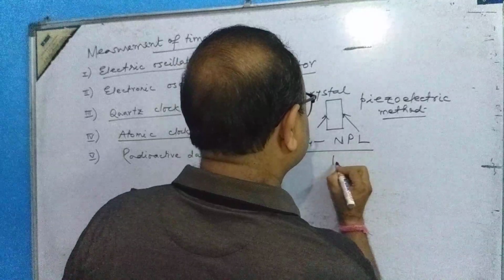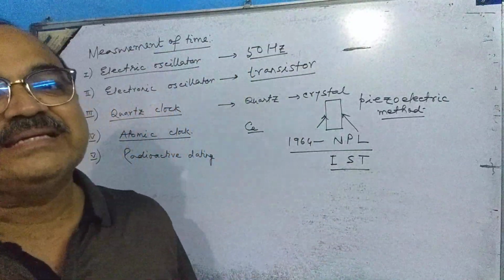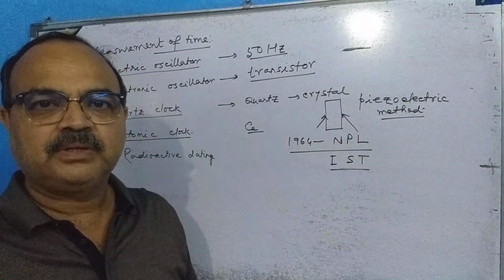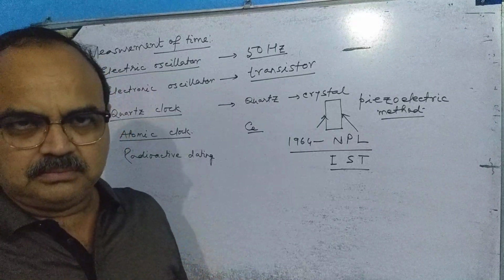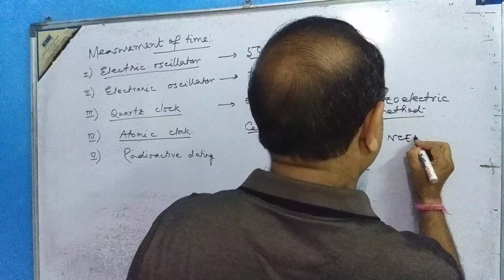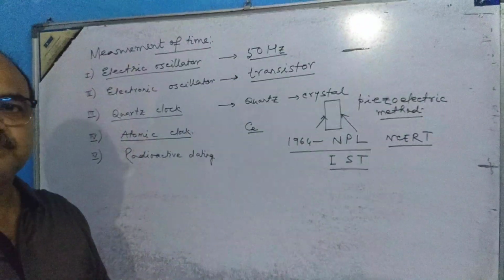With the help of this, IST, Indian Standard Time, is measured, as I think all of you are aware. To get some more knowledge, you can see NCERT, where you will find it.